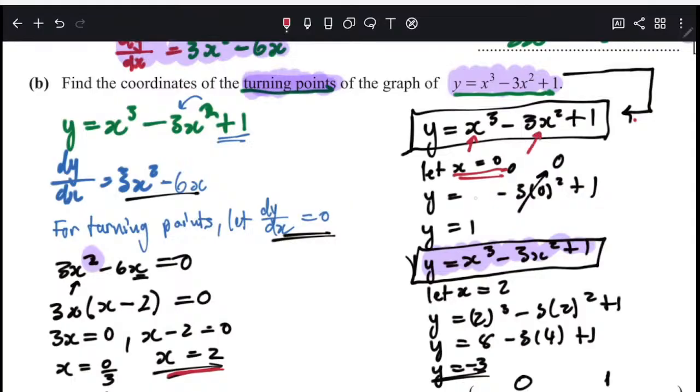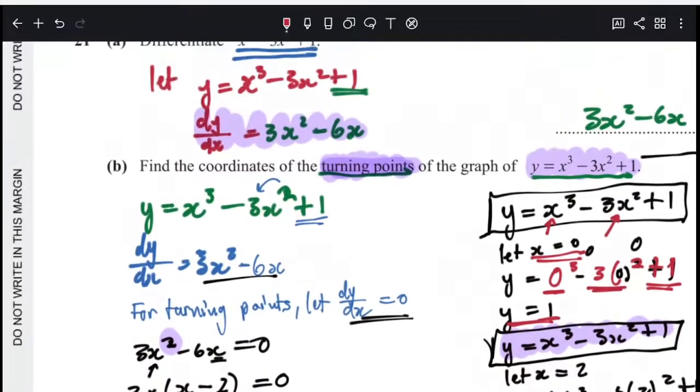So here it would be 0 cubed because it was x cubed. Then 3 by x squared is 3 by 0 squared. Then plus 1. 0 squared is what? Is 0. Times 3 is 0. When you're multiplying by 0, this is still a 0 here. This is a 0 cubed, which is still a 0. So it's 0 minus 0, which is 0, plus 1, which is 1. Do you understand now?